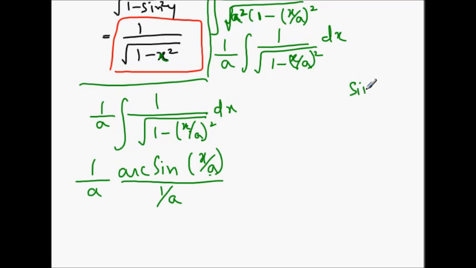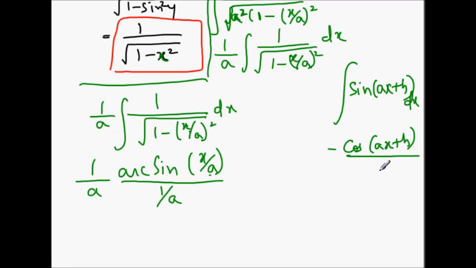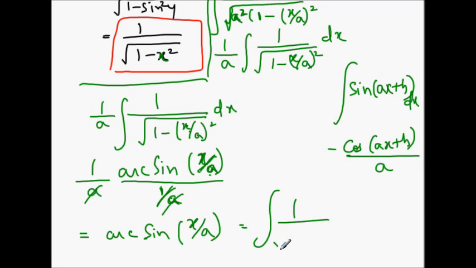If it is sine ax plus b integral with respect to dx, then it would be minus cos ax plus b divided by the derivative of ax plus b, which is a. In this case, the derivative of x over a is 1 over a, that has to be divided here, which means that this goes off and the answer is just arc sine of x over a, which was for the integral of 1 over square root of a square minus x square dx.